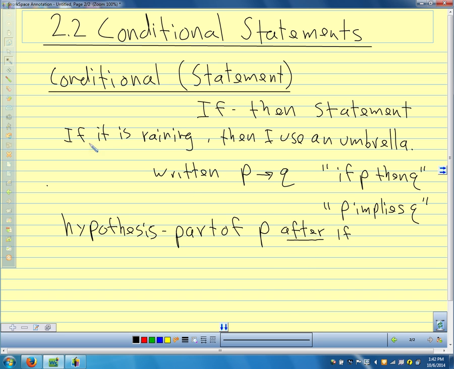So the hypothesis of this conditional statement is it is raining. And then the other part is the conclusion. That's the part of Q after then. So the conclusion of this conditional statement is I use an umbrella. We don't include the if and the then with our hypothesis and our conclusion.